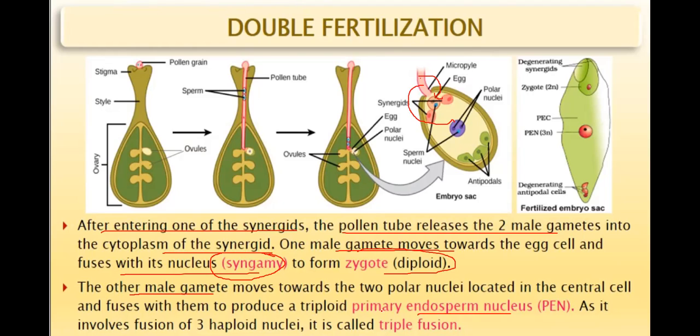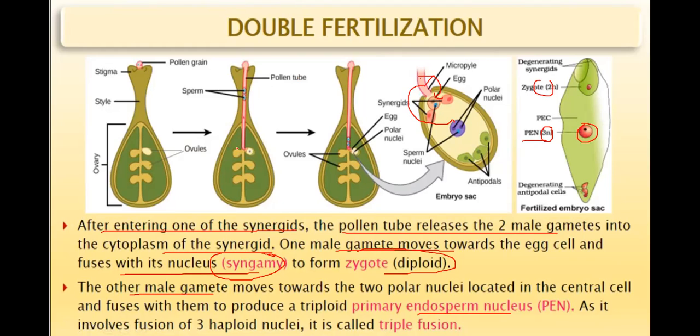So that is called what? Primary endosperm nucleus. As it involves fusion of three haploid nuclei, it is called triple fusion. So there is a fusion of three nuclei, one male gamete and two polar nuclei. That's why it is called PEN, primary endosperm nucleus. That is triploid, 3N. The zygote is diploid.